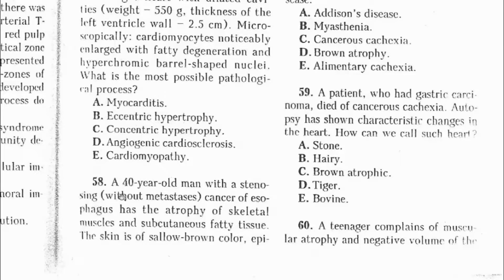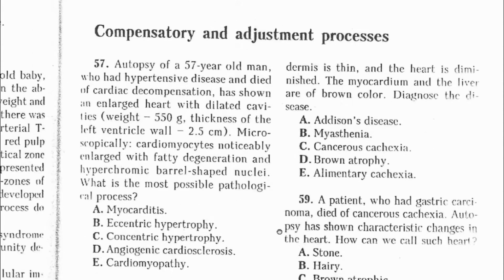58. A 40-year-old man with stenosis cancer of the esophagus, without metastasis, has atrophy of skeletal muscles and subcutaneous fatty tissue. The skin is of sallow brown color.